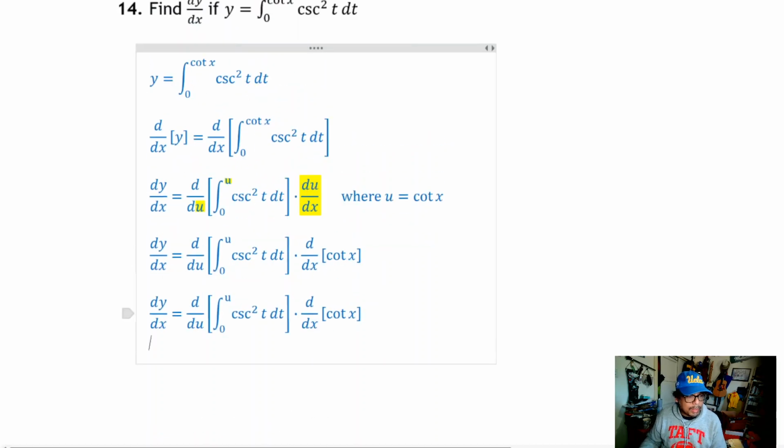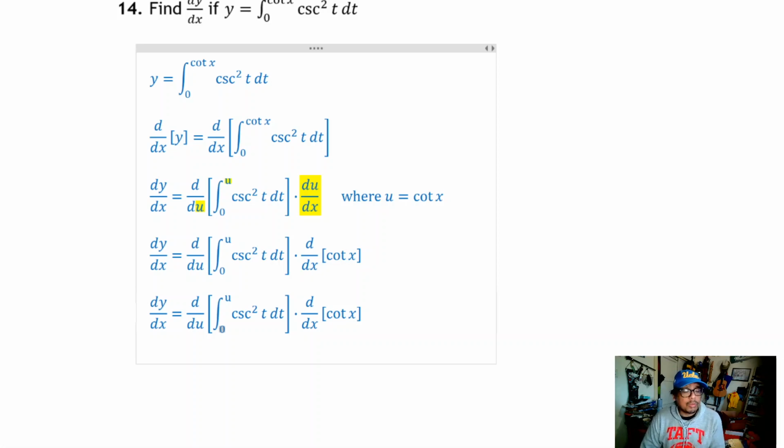This is all great because the upper limit now matches the variable of differentiation, which means this u matches the u up here in the upper limit, and this lower limit is now a constant, so we can just substitute u into the integral.